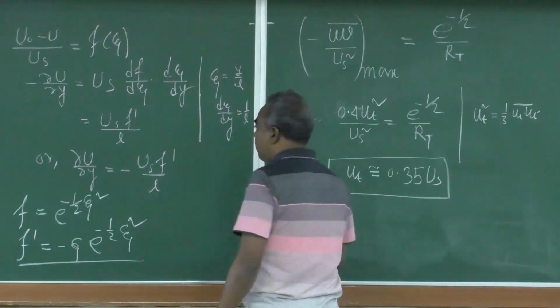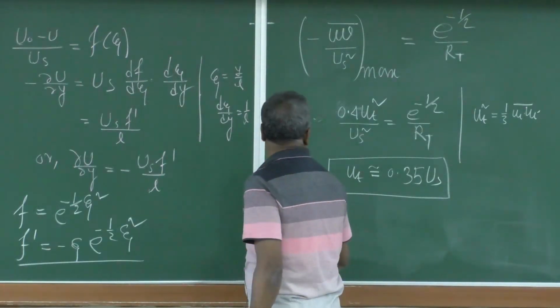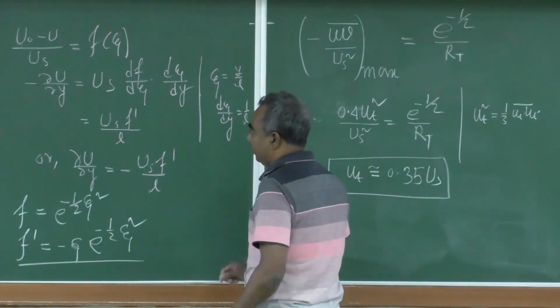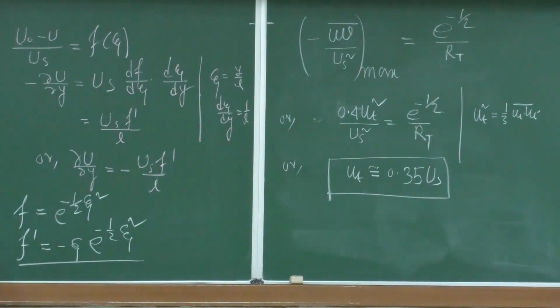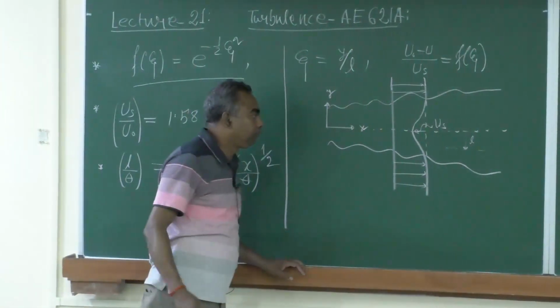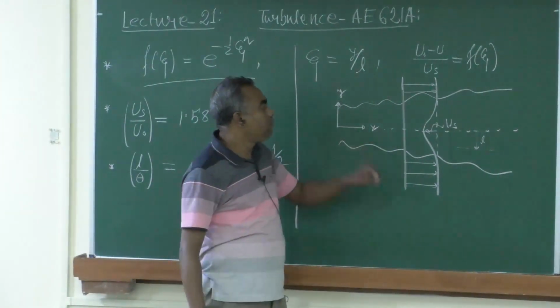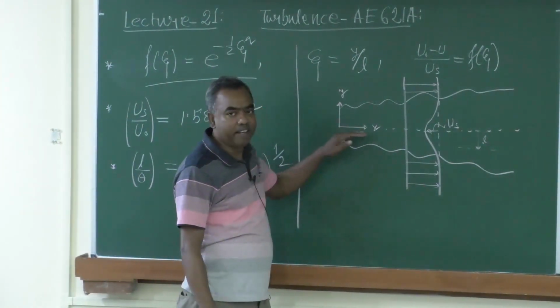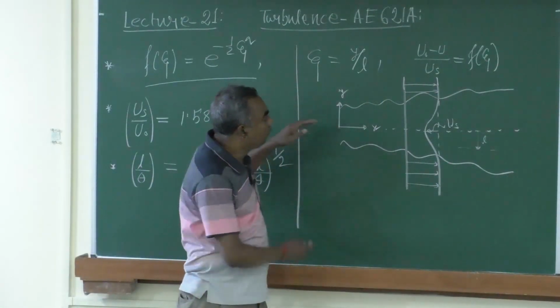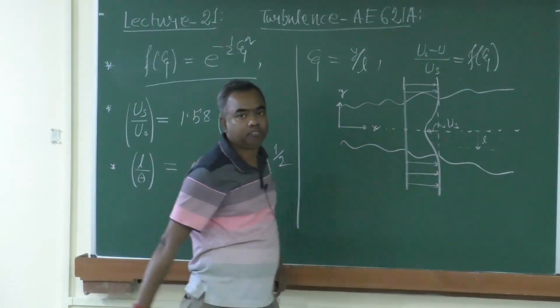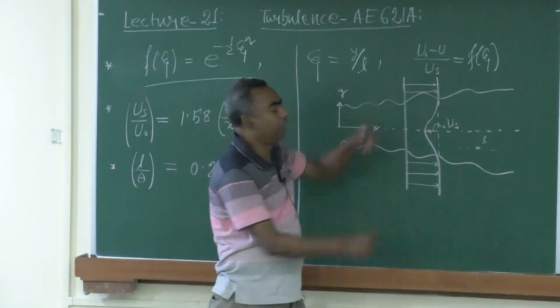Now, this is one thing. We need to find out another relation. So, another relation we have to see here, see what is going on. See what is happening here. The wake is expanding in this direction.